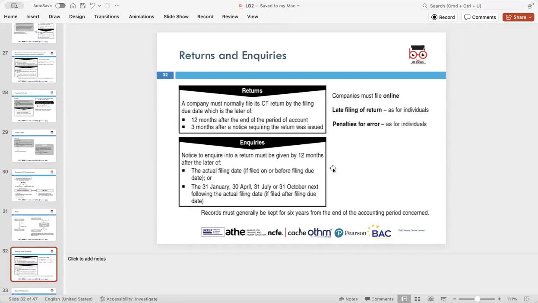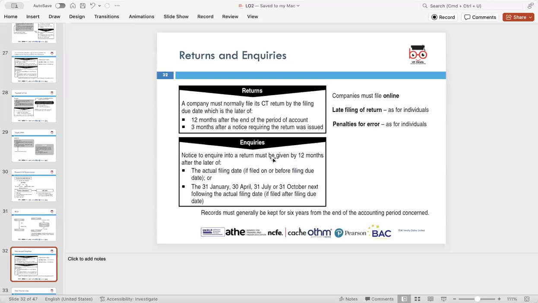Returns and inquiries. Here we discuss the requirements and obligations related to filing corporation tax, as well as the procedures involved in case of inquiries and potential errors.